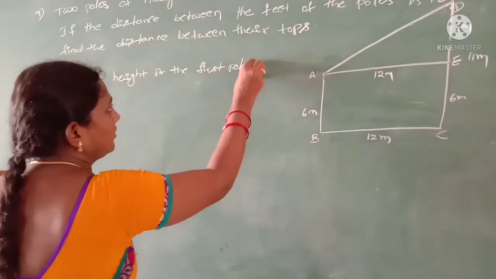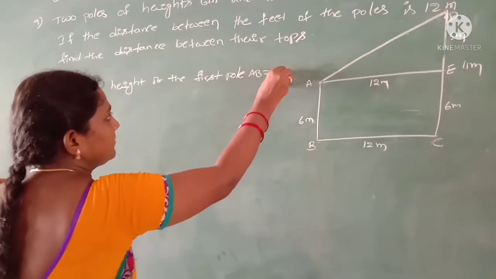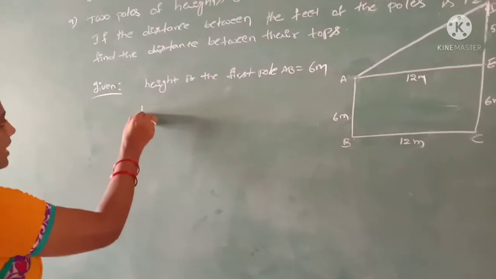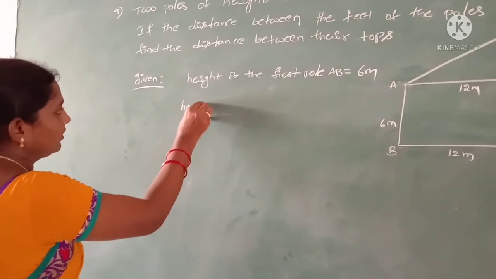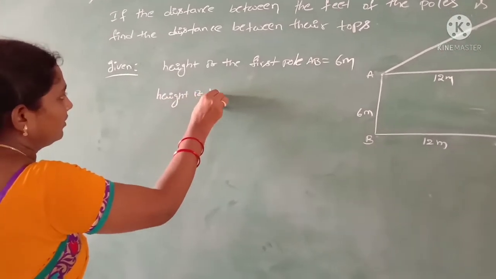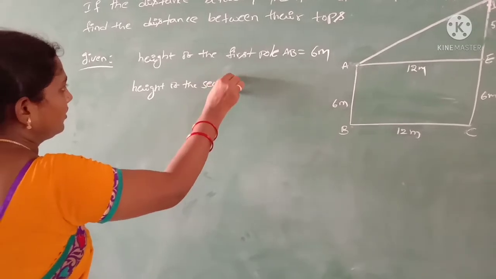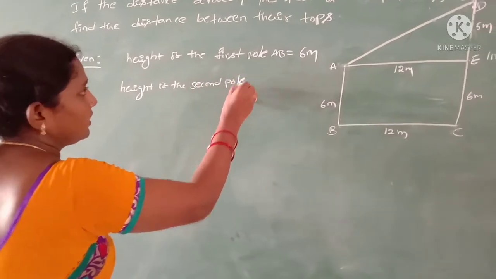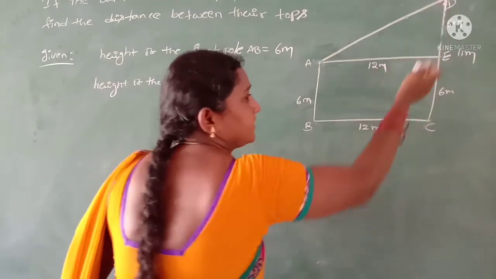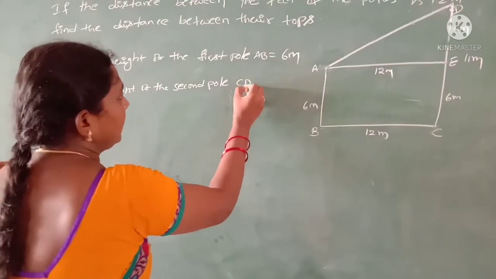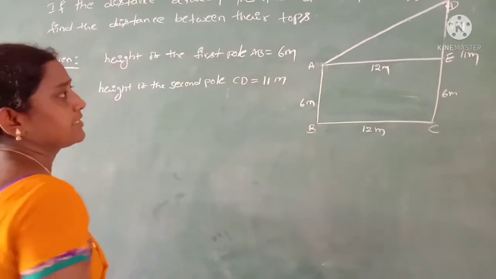Pole AB equal to 6 meters. Next, height of the second pole. So height of the second pole CD equal to 11 meters.